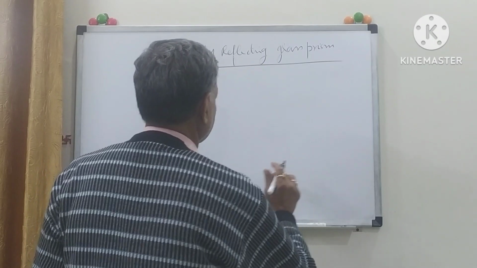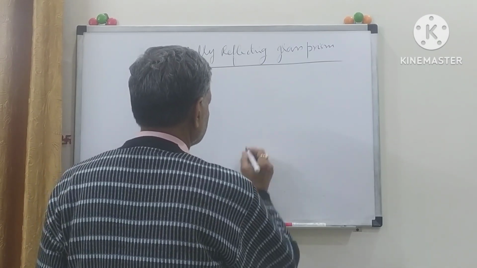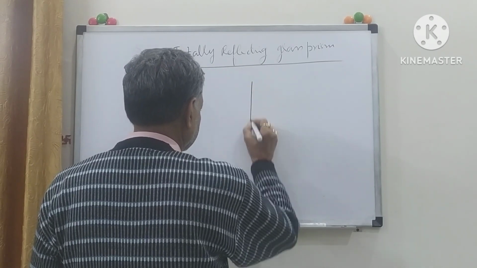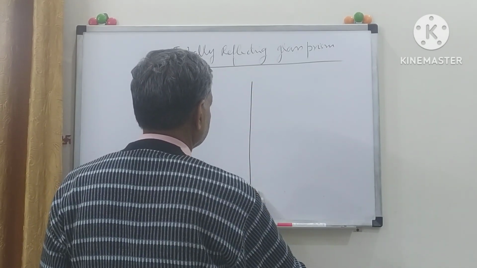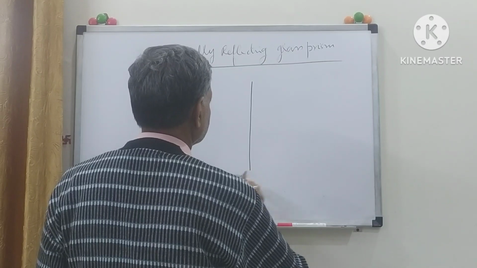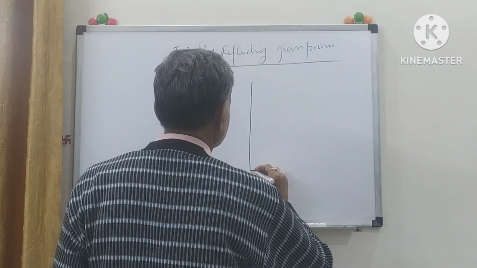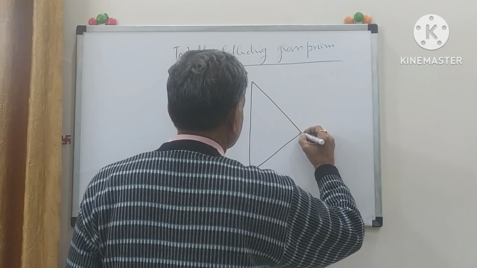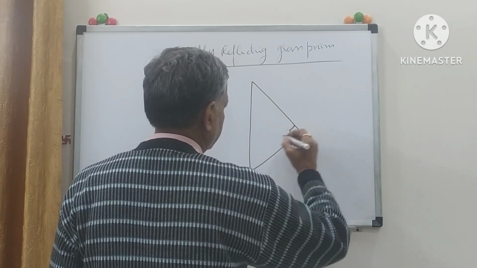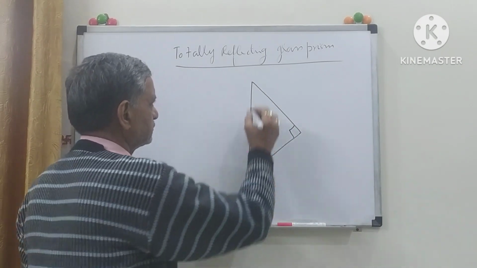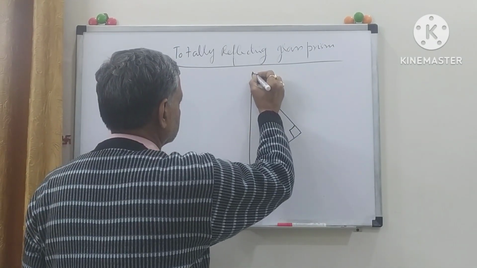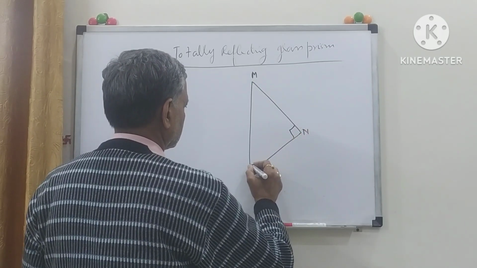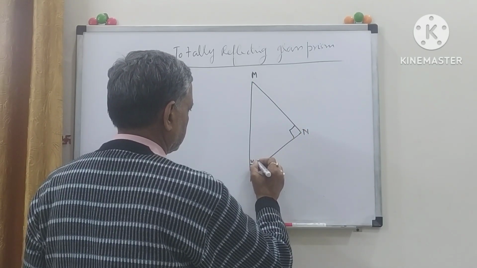In the same situation, suppose this angle is 90 degrees. This is 45.